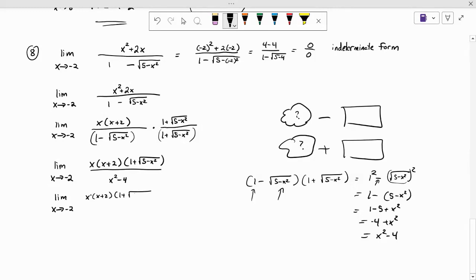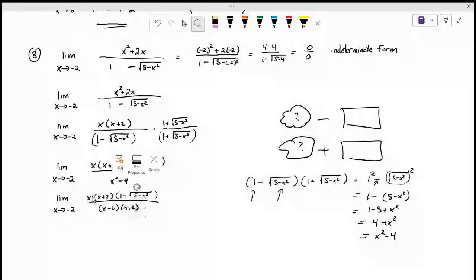And notice I didn't multiply the numerators out, right? Because we know at the end we're going to let x go to -2. So there's no reason to make it more complicated than necessary. We're going to get numbers. So we can do one more thing in the denominator. x squared minus 2 squared is x minus 2 times x plus 2.